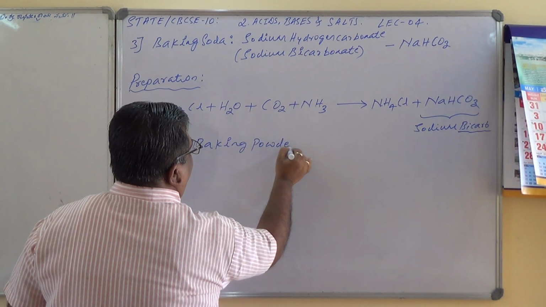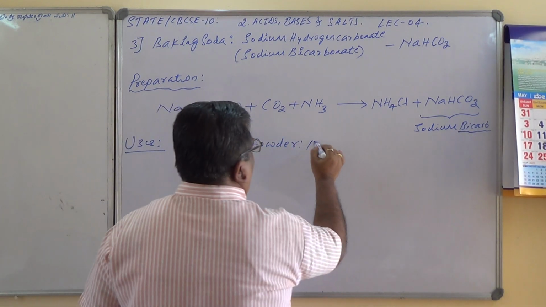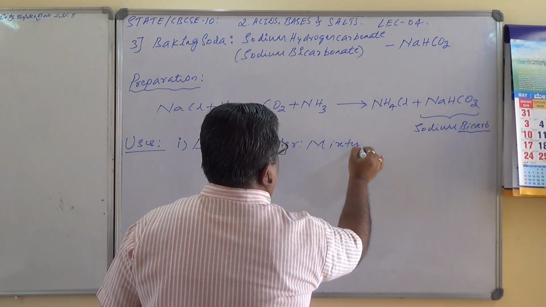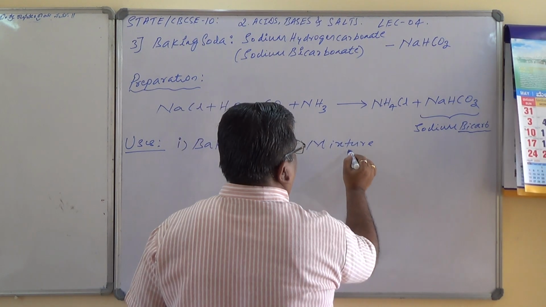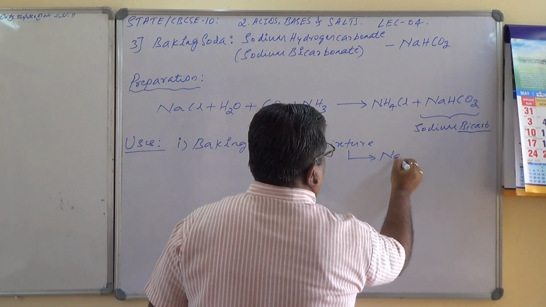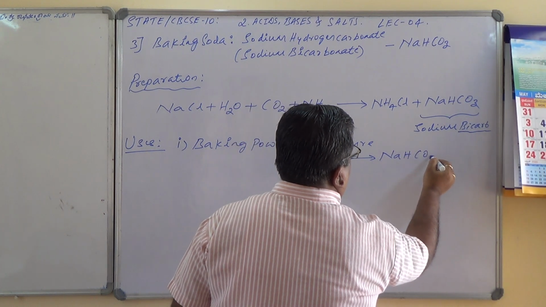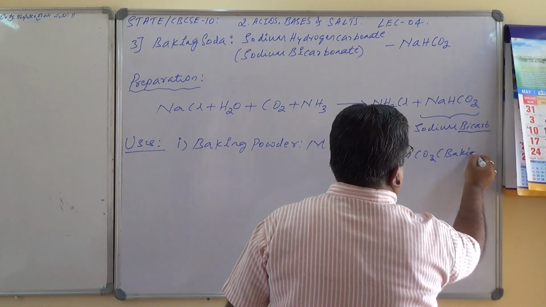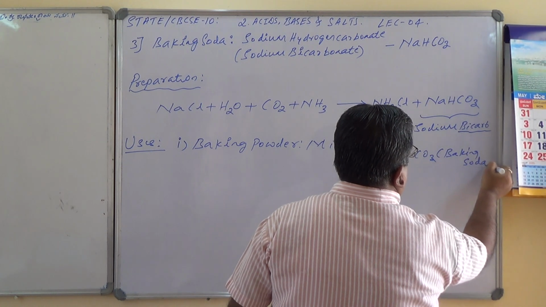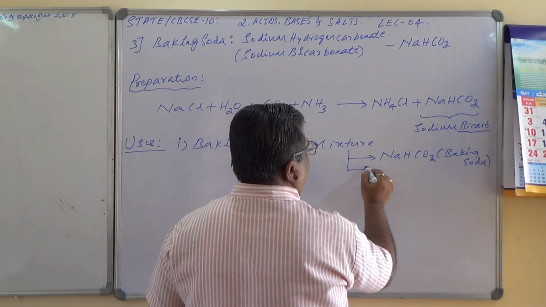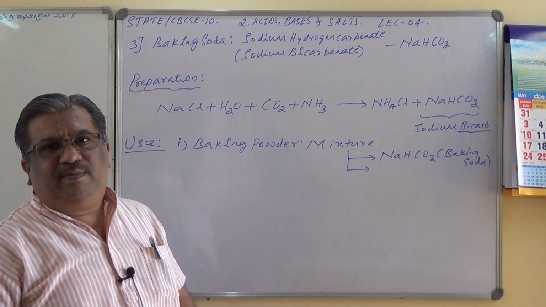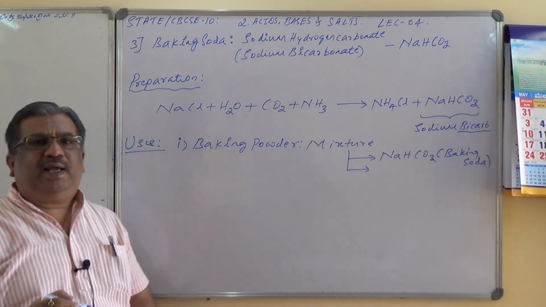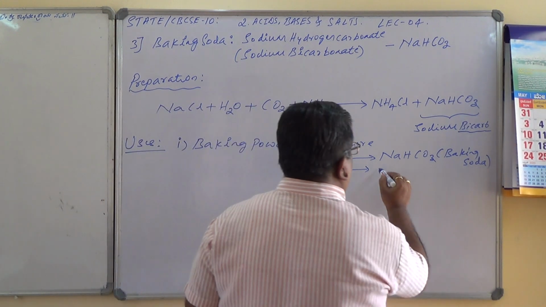Baking powder is a mixture of sodium hydrogen carbonate, which is baking soda, and also a mild edible acid, tartaric acid.